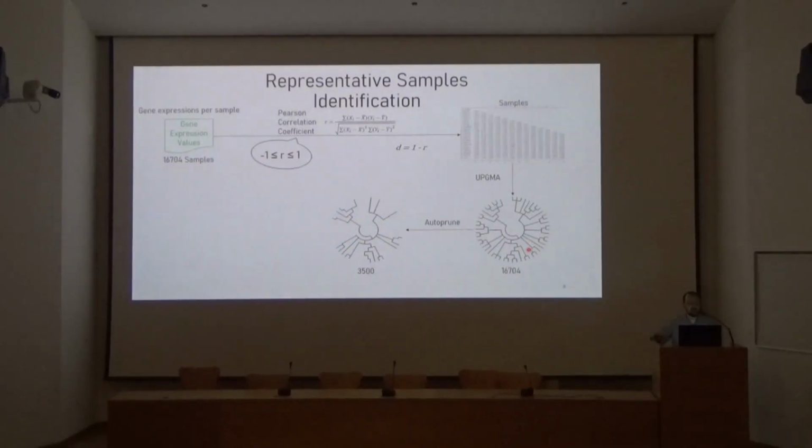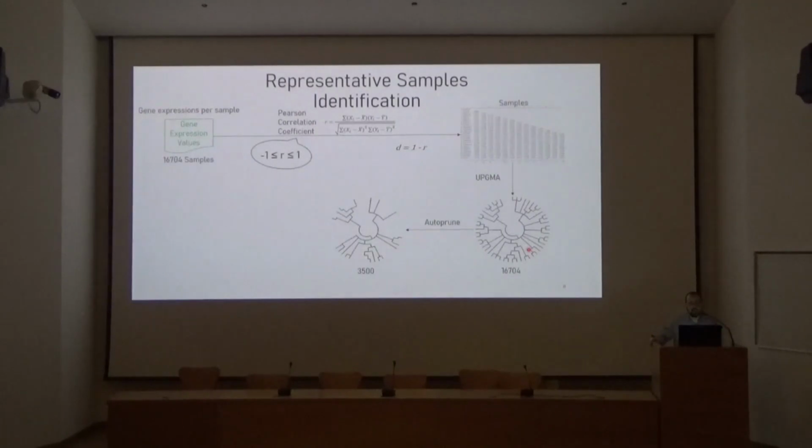First, we got the expression values belonging to those samples, and for each sample, using the Pearson correlation coefficient, we calculated the pairwise correlation between each sample. The Pearson correlation coefficient gives us a value of -1 to 1, where -1 shows an anti-correlation between two samples, while 1 shows us that those two samples are almost equal.